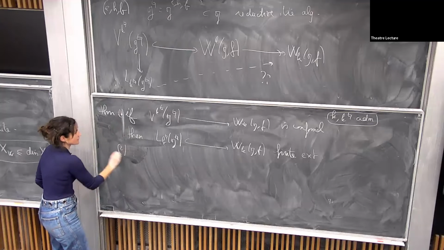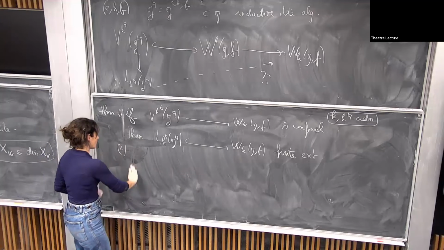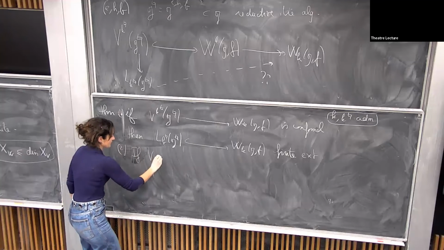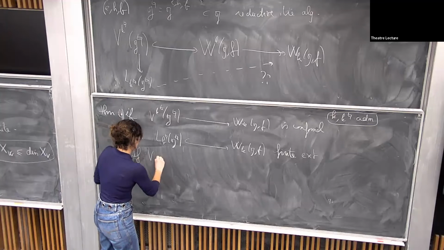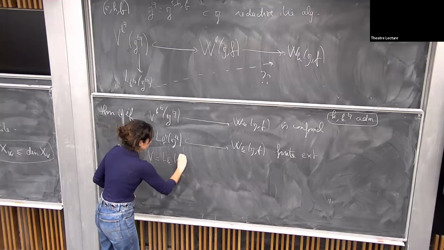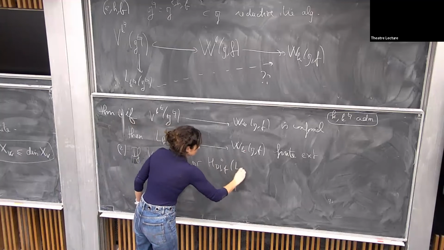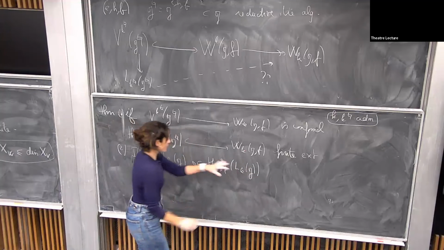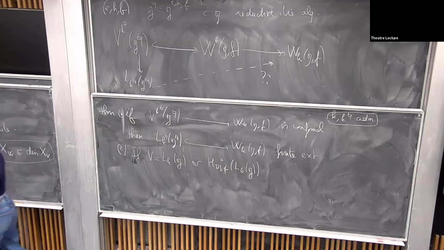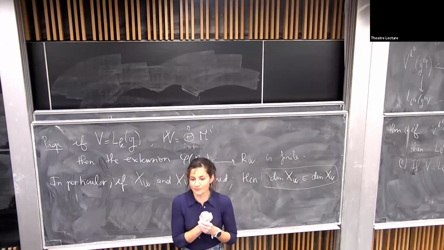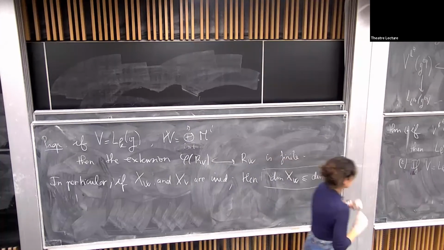And second, how to detect whether it's conformal. What is nice is that if V is either this or a Drinfeld-Sokolov reduction, in fact we have a more general result for any vertex algebra whose associated variety has only finitely many symplectic leaves. But let's assume this setting.